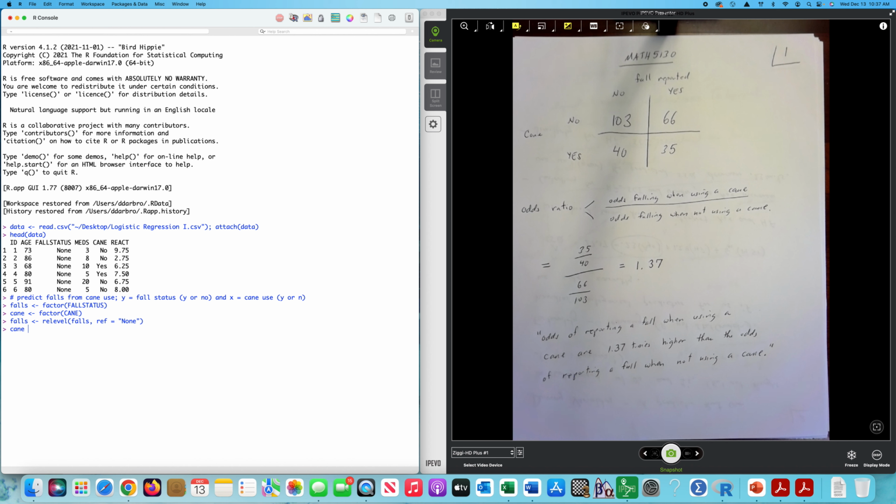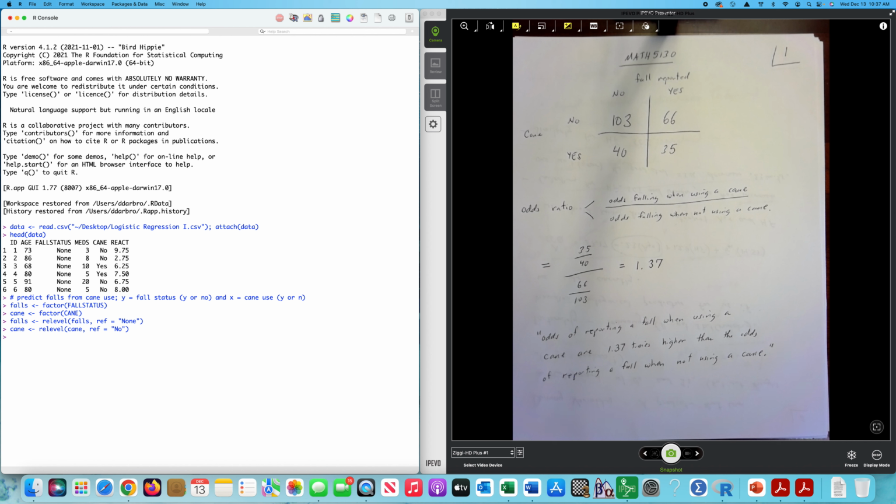And for cane, I want to reset the reference to no. Actually, it has to be exactly the same. Okay, so just a little bit of work when dealing with categorical variables in R. And when we move into StatCrunch, you're going to see that there's a little bit of work we have to do there with categorical dependent variables and predictors.